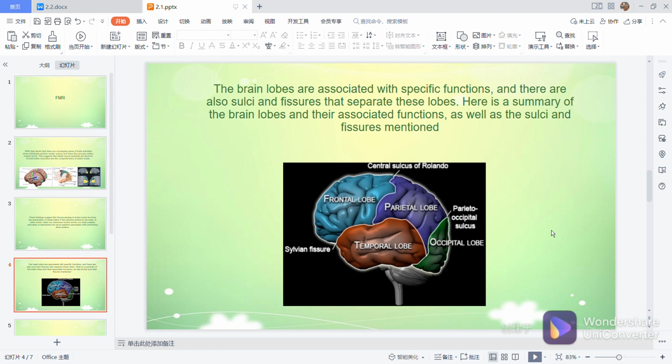Temporal lobe, found on the sides of the brain. It contains the auditory cortex and is involved in processing auditory information, as well as aspects of memory, language, and emotion.